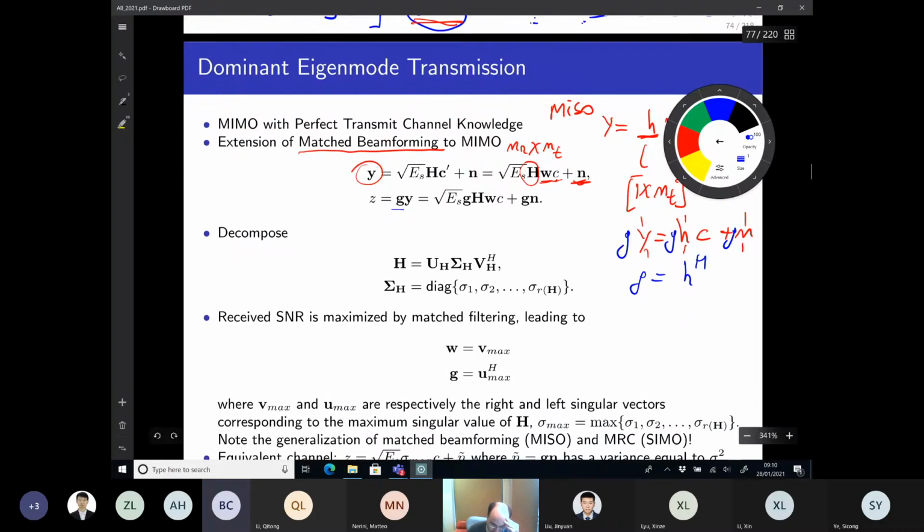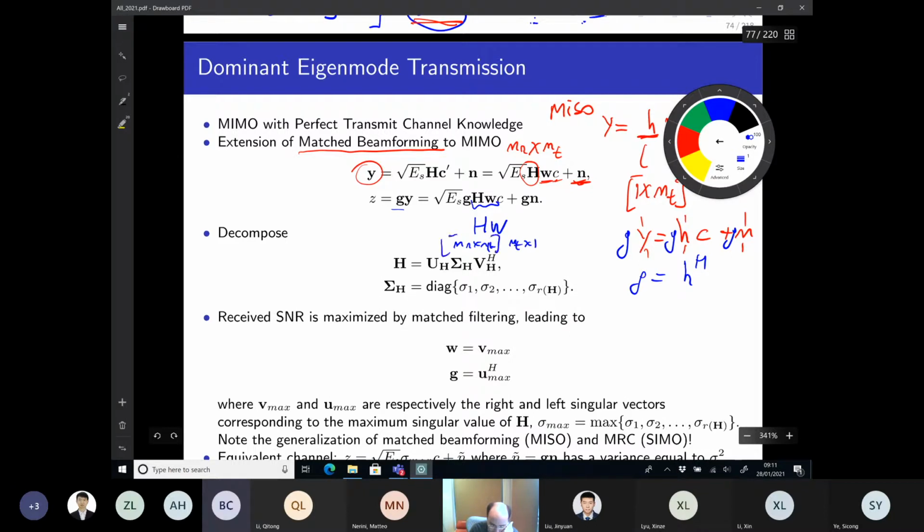So I can do something similar here. I can choose G so that I maximize the SNR of this transmission. What is my effective channel that G has to operate on? It is these precoded channels here, right? H multiplied by W, H is NR by NT, and W is NT by 1.